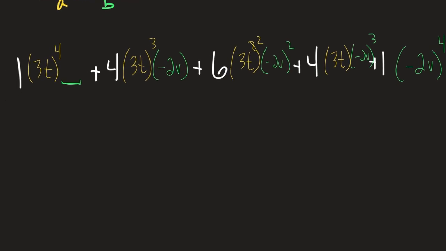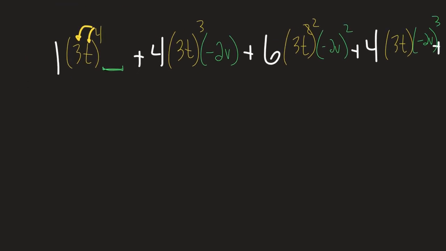So I can raise this one, right? 3t to the fourth. I can raise 3 to the fourth power and t to the fourth power. So 3 to the fourth is 3 times 3, which is 9, times 3, which is 27, times 3, which is 81. So our first term is 81t to the fourth.